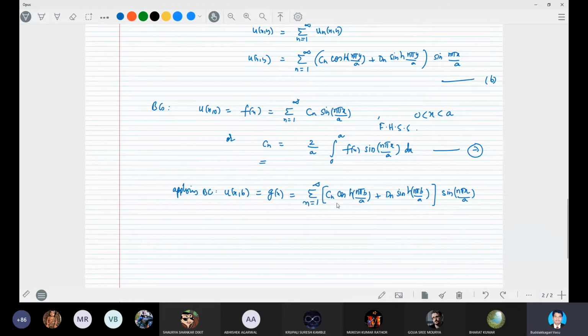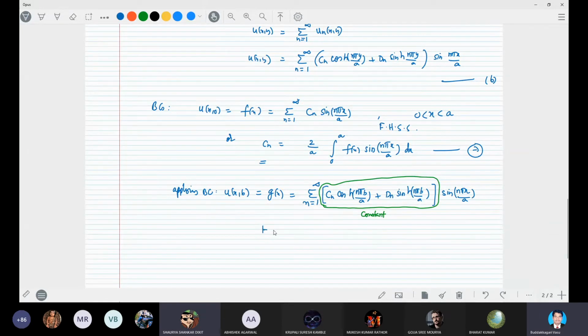We have already Cn known, and you can observe this is also constant. This is the total Fourier coefficient, right?